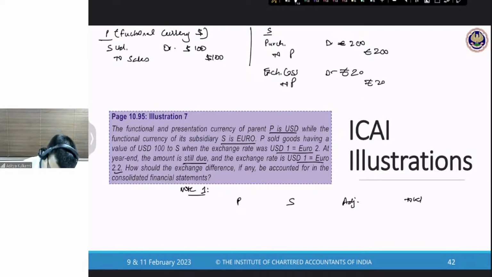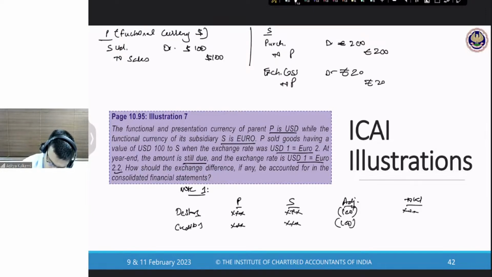When I consolidate debtors, there will be some figure. From here, I will adjust 100 and take the total. Whereas when I consolidate the creditors also, that time also I will be adjusting 100.